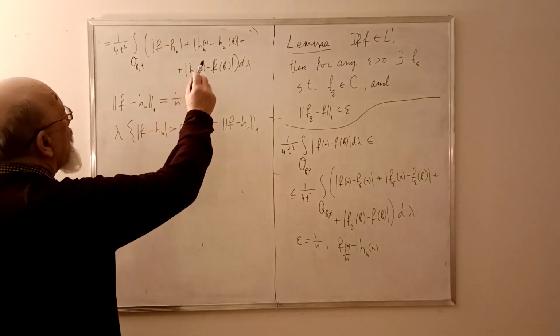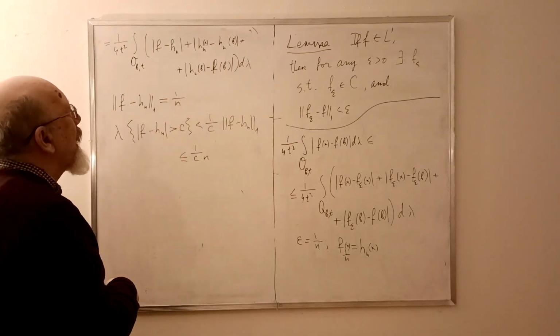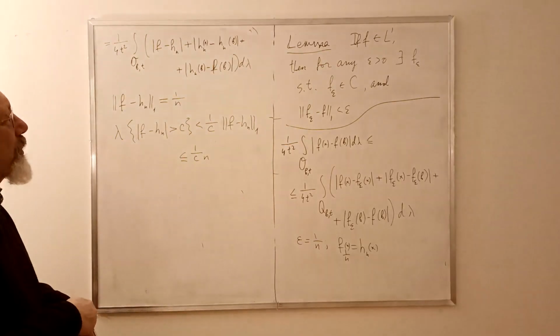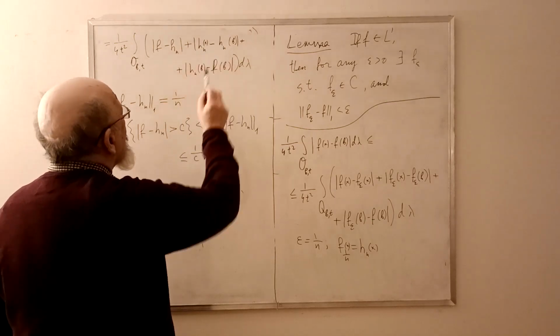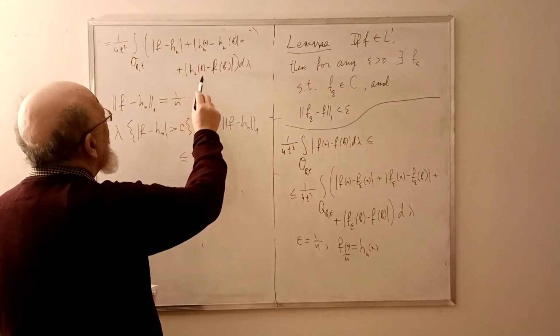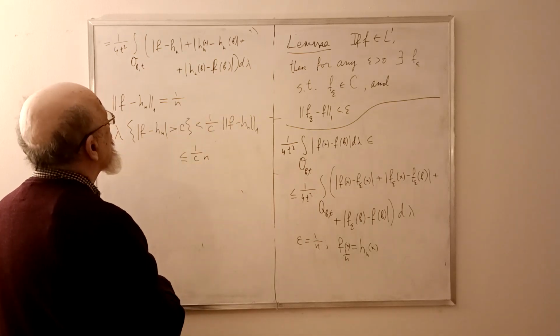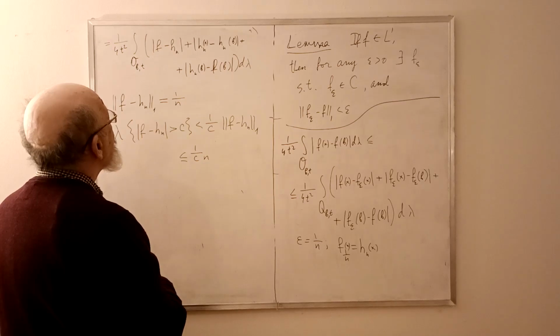Now, about this, hn of x minus hn of b. Hn is a continuous function, so we don't touch it. Then hn of b minus f of b.